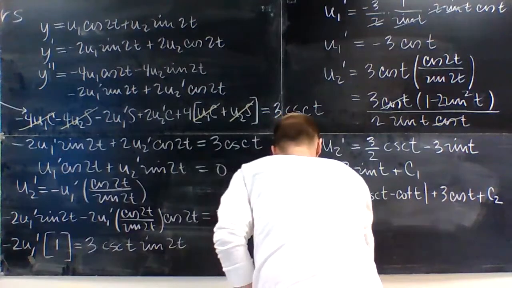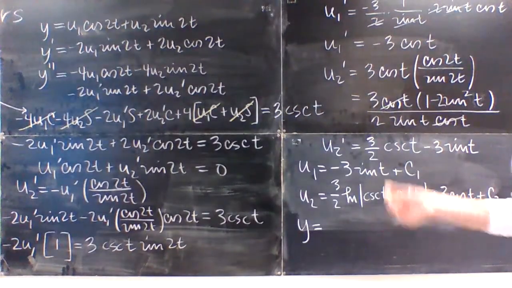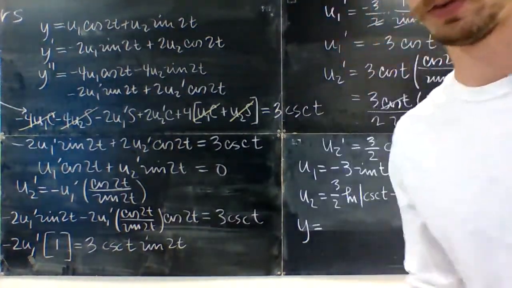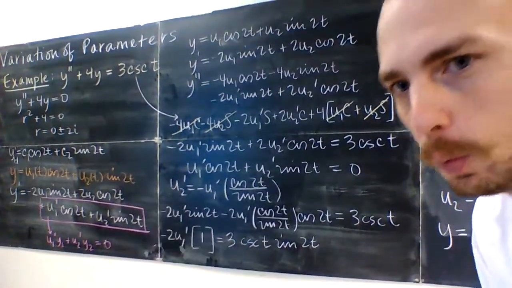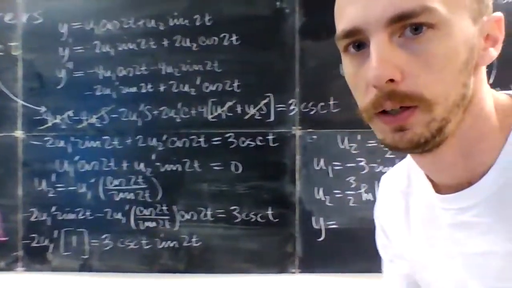So my general solution is y equals u1 times, you can't see it back over there, but in orange I had written y equals u1 cosine of 2t plus u2 times sine of 2t.